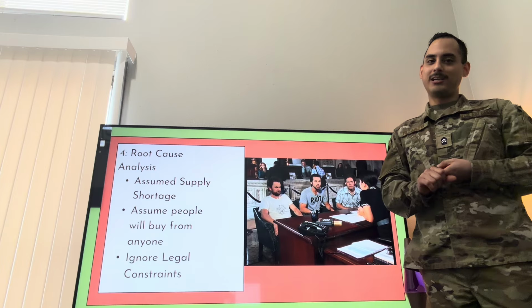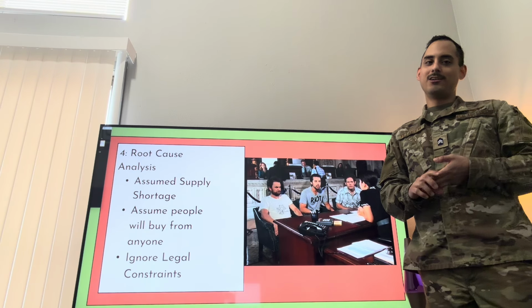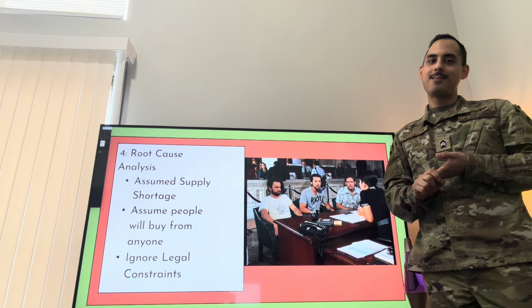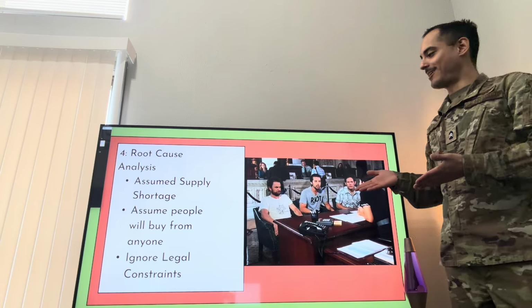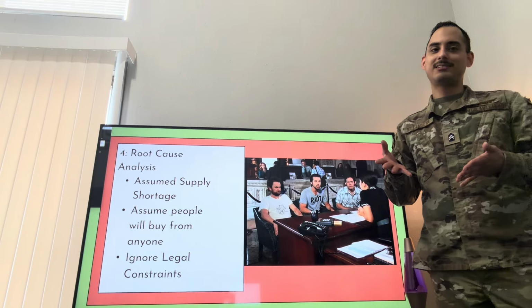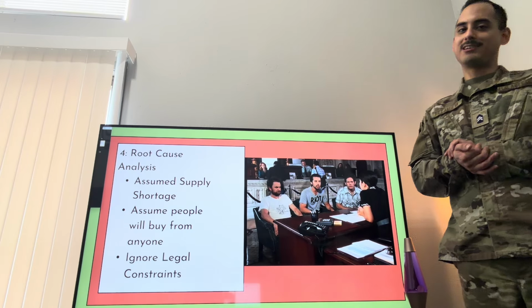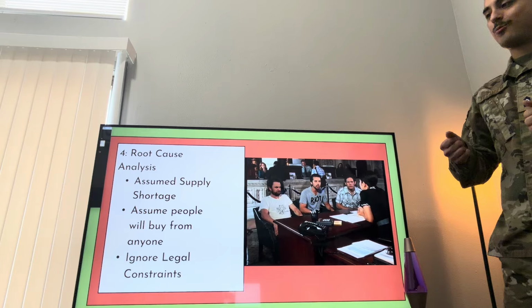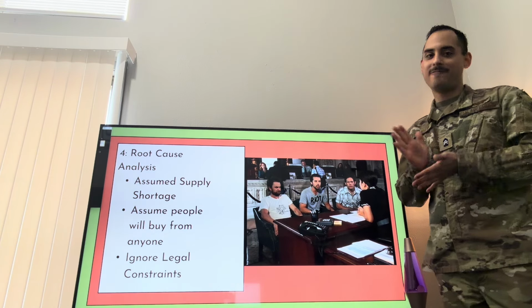They completely ignore any legal, safety, or storage constraints, and their root cause analysis for what's stopping them from profiting is almost entirely based on assumptions that, hey, we're smart, we can do this, rather than hard data and facts.